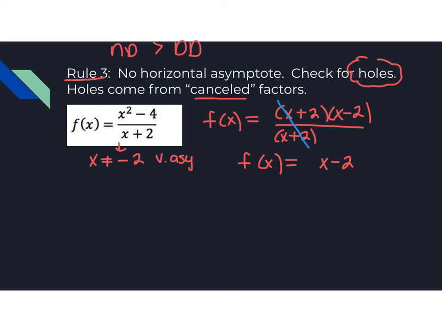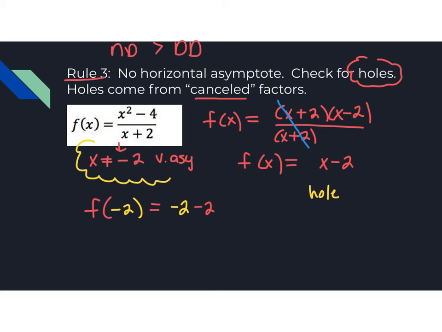That's a nice linear graph. But anything that ever is or was in my denominator leads to an asymptote. So when that factor gets canceled out, it removes the vertical asymptote and leaves a hole in the graph. Now the location of that hole is going to be found by putting in that x value we removed into our simplified function.